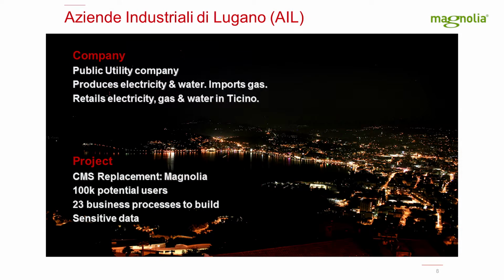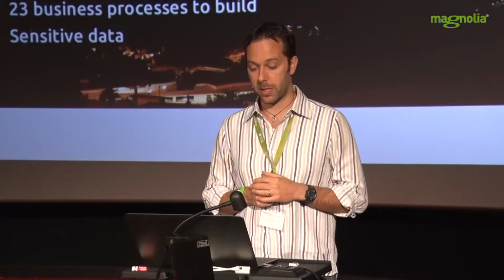But back to the project. The company is Aziende Industriali di Lugano. It's a public utility company. They produce electricity, and provide retail services like electricity, gas, water. They import gas, so it's a final end user company.